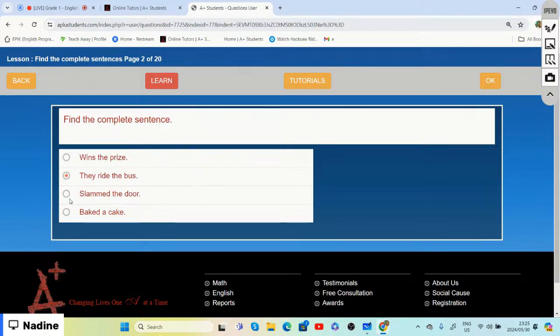So we said that the correct complete sentence is they ride the bus because they is our naming part, ride the bus is our action part.